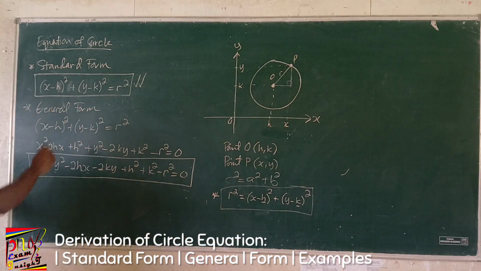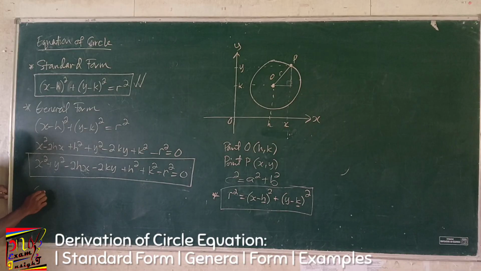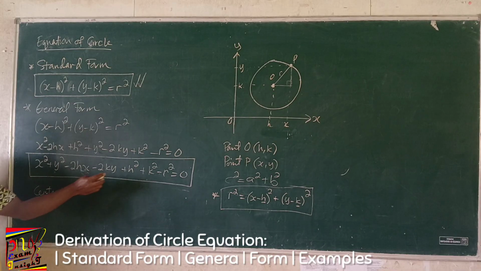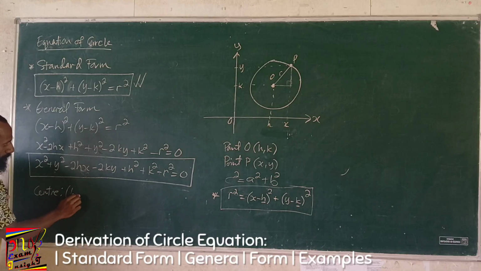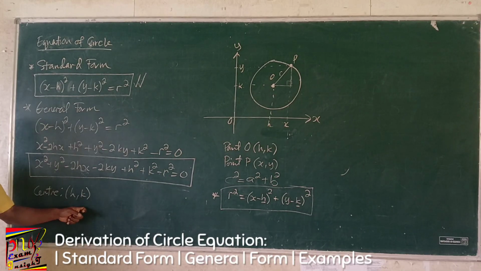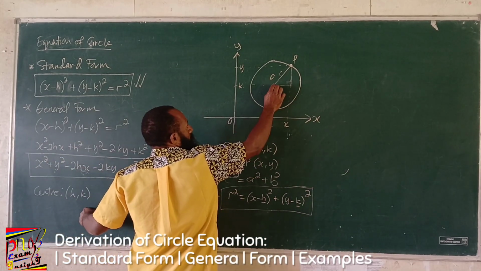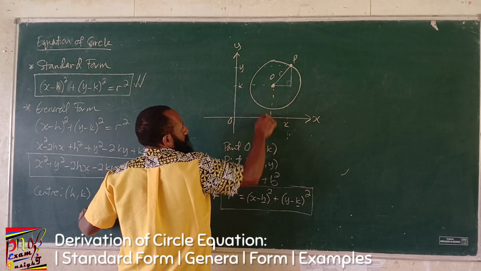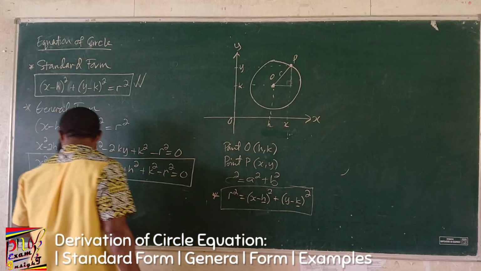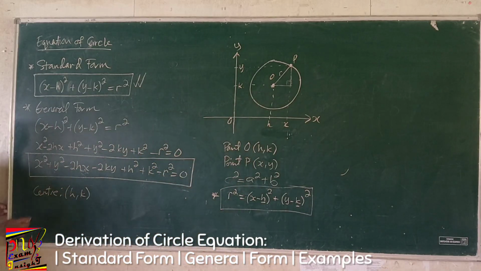So we know that the coordinate of the center of the circle is H and K. And our radius is r, the distance r. So we got there.